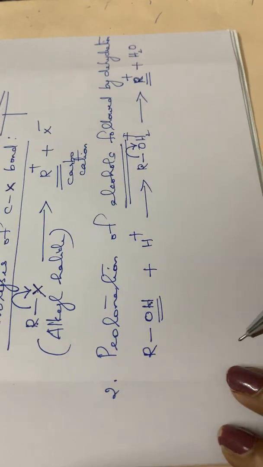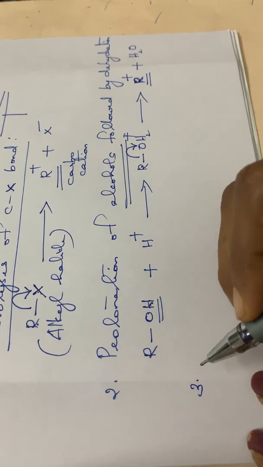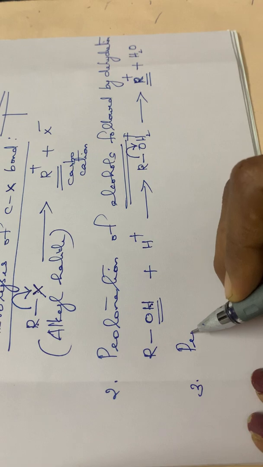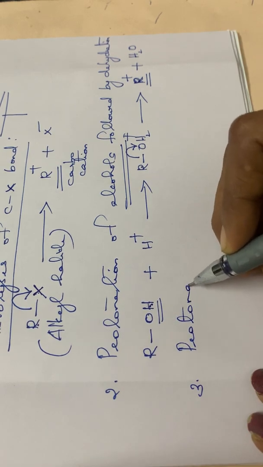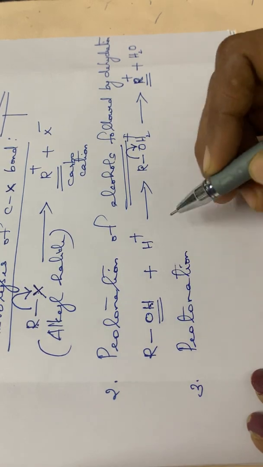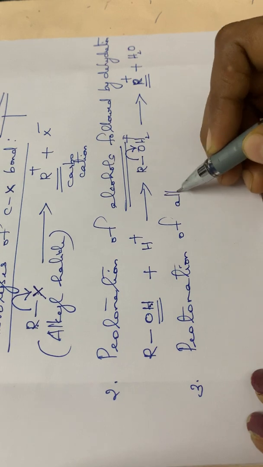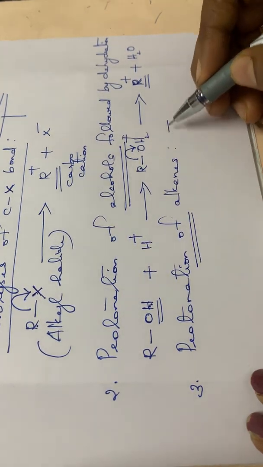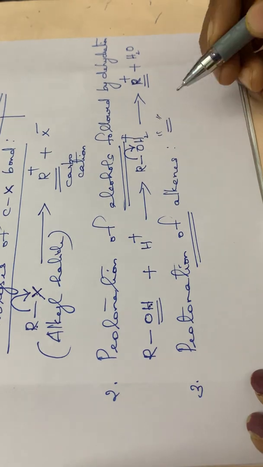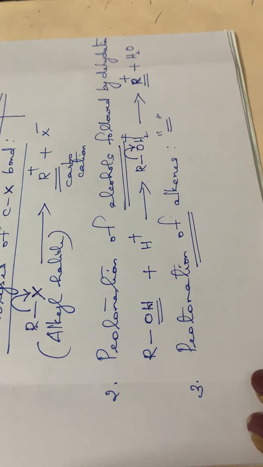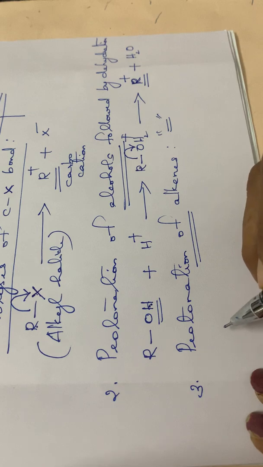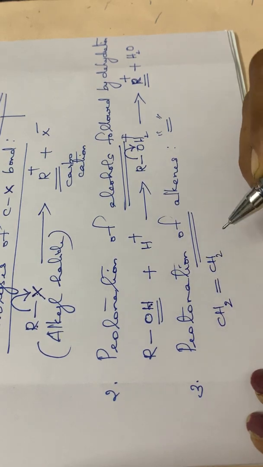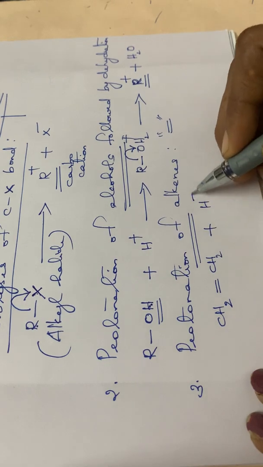Then the third method of formation of carbocations is by the protonation of alkenes. Alkenes are unsaturated compounds with a double bond. We can take the case of a simple alkene, CH2 double bond CH2, plus H plus.